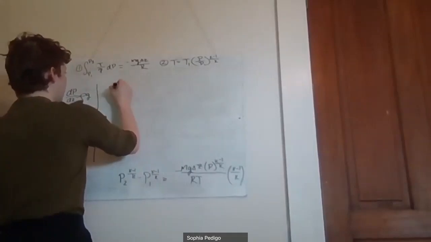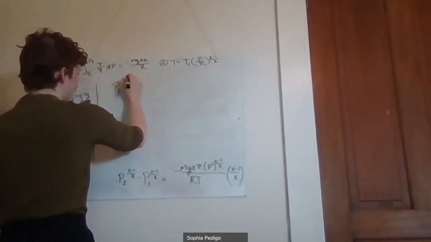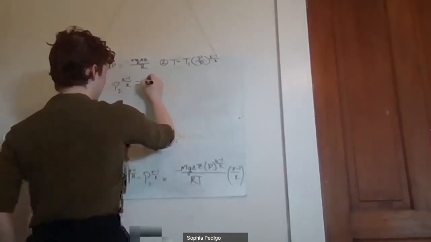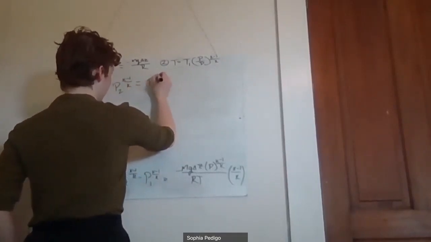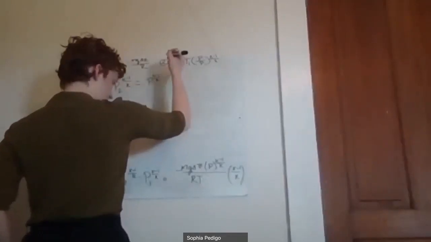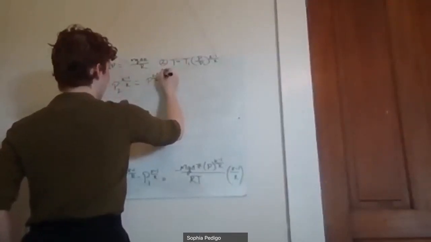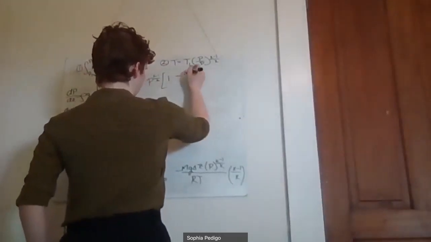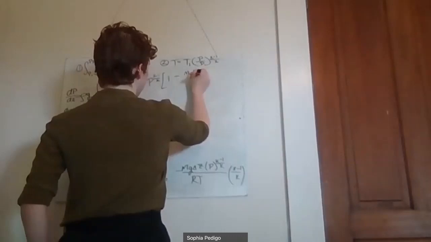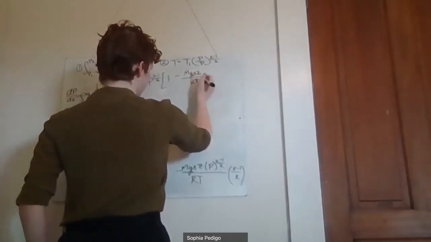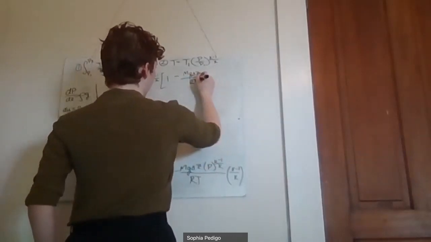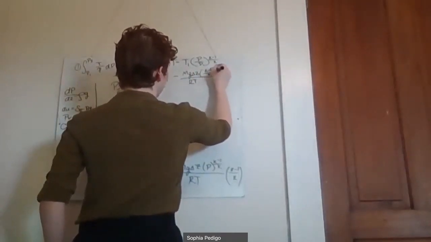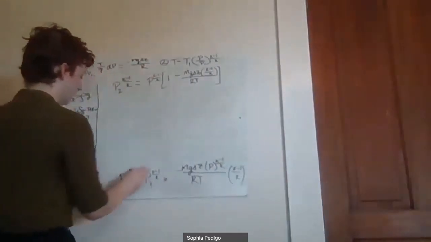So P2 is going to be equal to P to the K minus 1 over K, and I'm going to say 1 minus mg delta z over RT multiplied by that K minus 1 over K, and close that bracket.